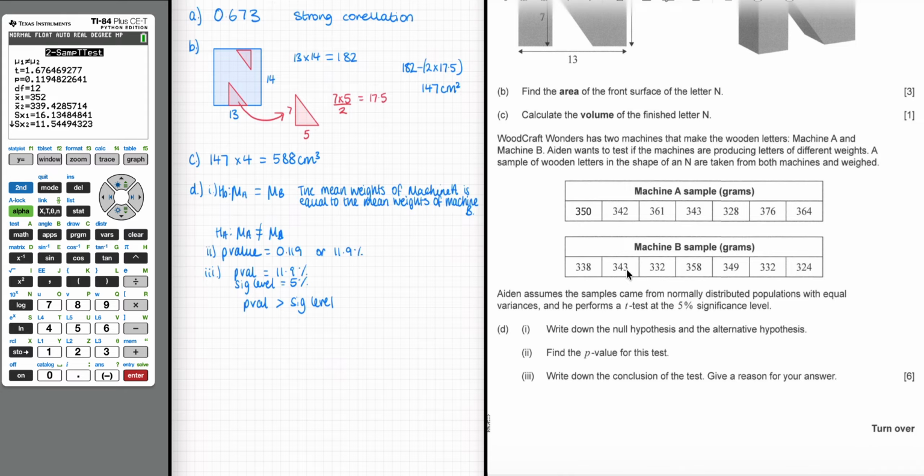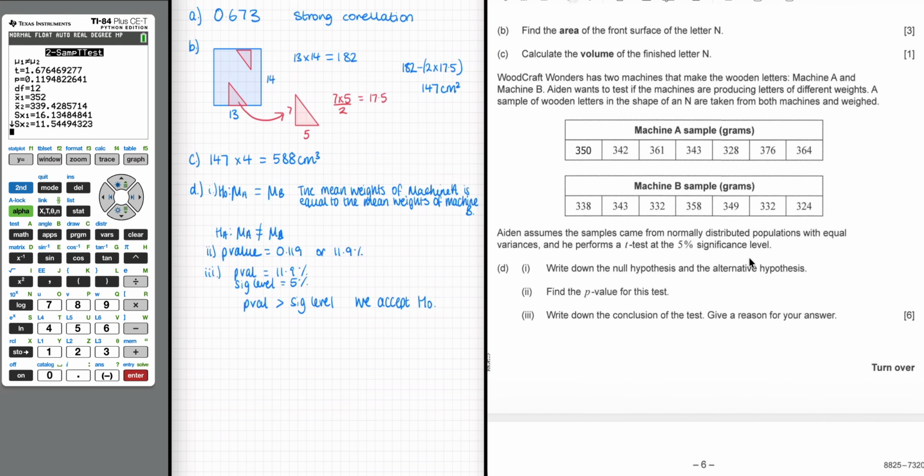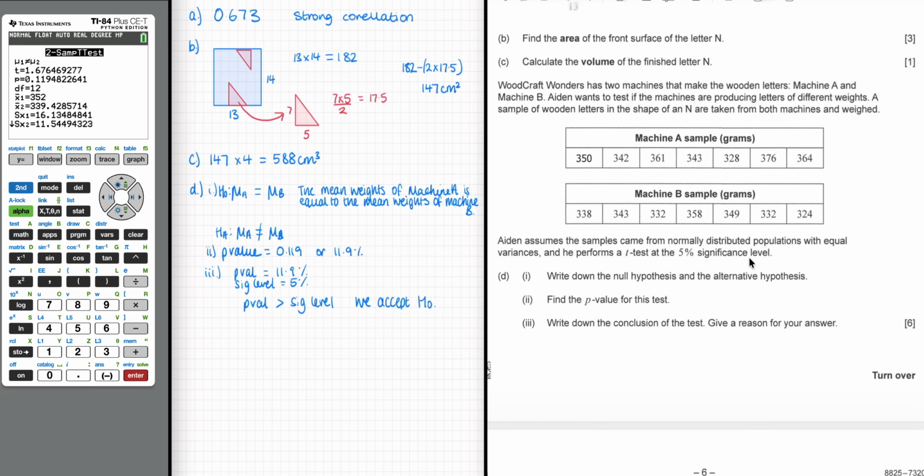And when the p-value is larger, we're saying that the probability of accepting the null hypothesis is above what we would expect, so it's good. And therefore we accept H0. So we're accepting H0 and assuming that the null hypothesis is true, that the machines create the same weights, so there's no difference between the two machines.